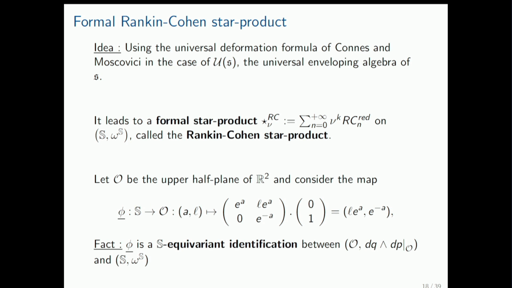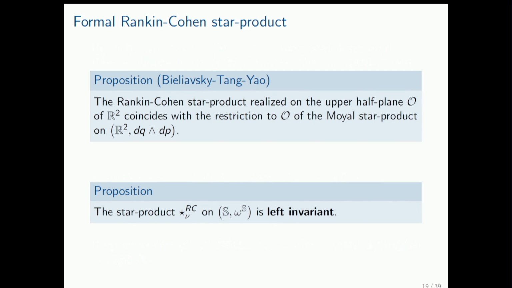So we apply the machinery of Cohen and Moscovici on the universal enveloping algebra of S, and it leads to a formal star product, star RC for Rankin-Cohen, on the Lie group S. It turns out, after a geometric construction, that this product is somehow related to the Moyal product, but not the classical one, a restriction of the Moyal product.